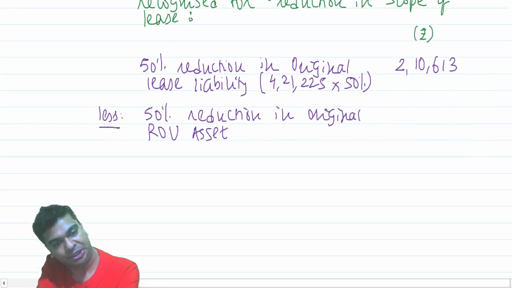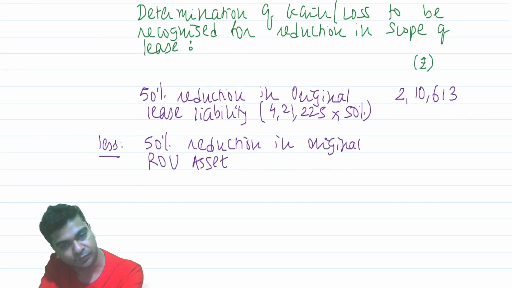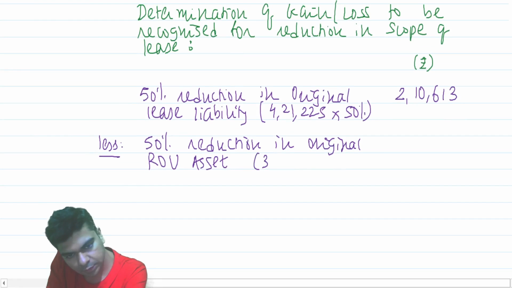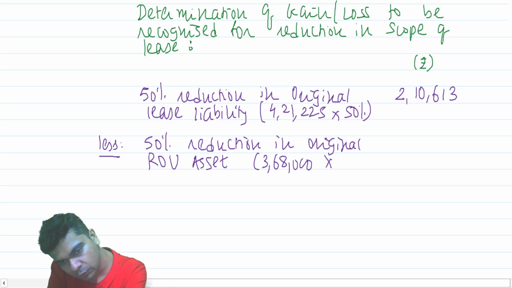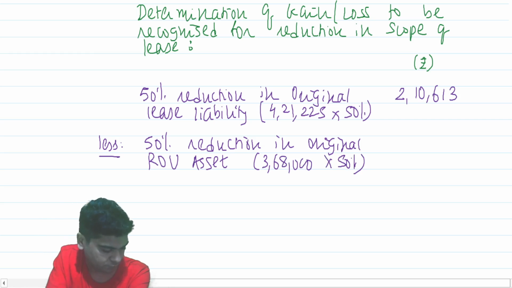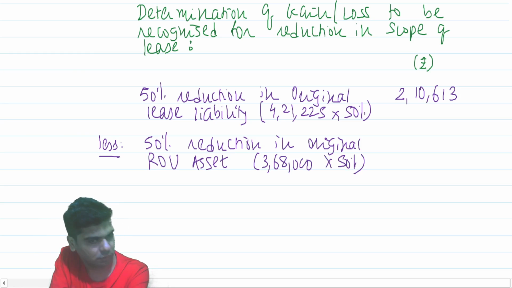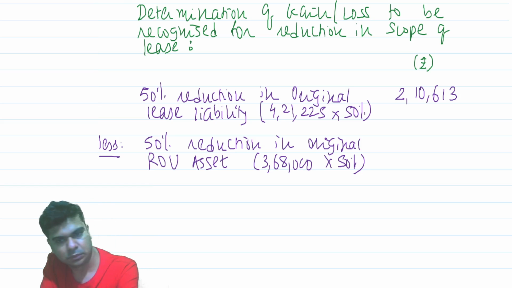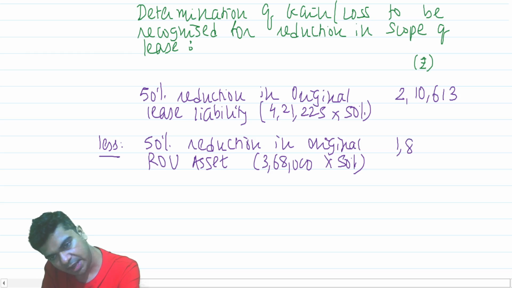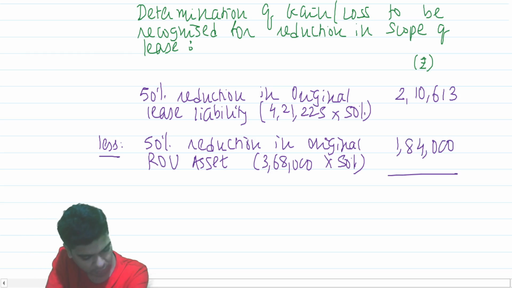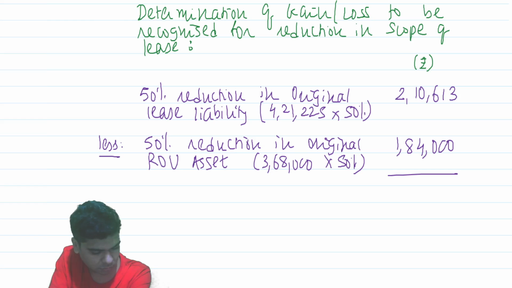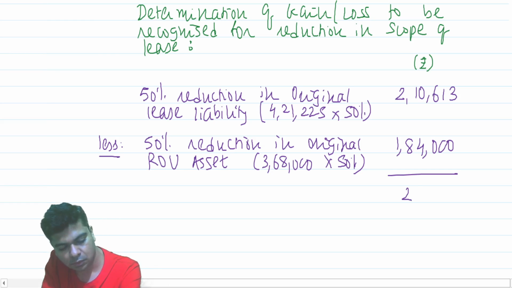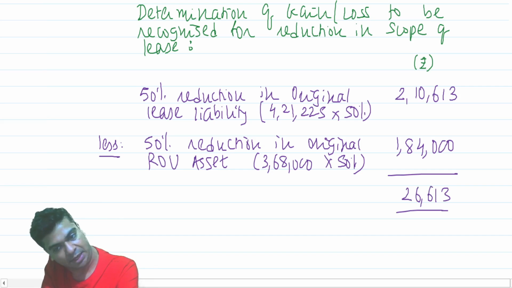So 50% reduction in the original ROU asset. 3,68,000 into 50% is $1,84,000. Difference $26,630.